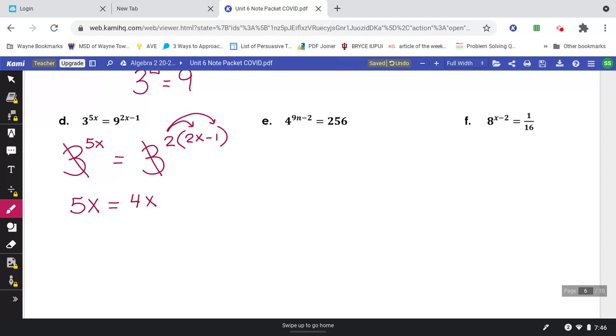That would get you 4x minus 2. And then we can subtract 4x from both sides. 5x minus 4x is 1x. I'll just write x. And then I can bring down the minus 2. X equals negative 2.